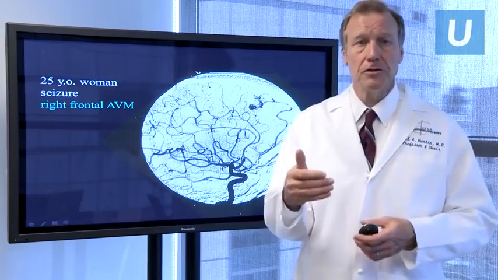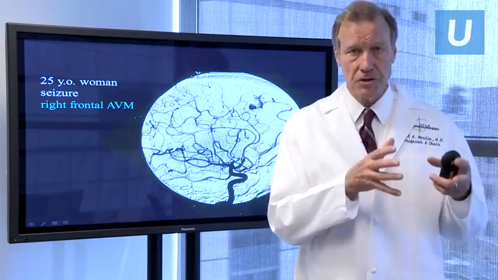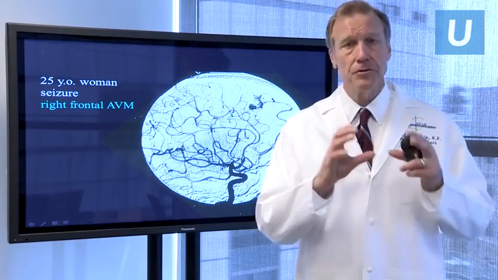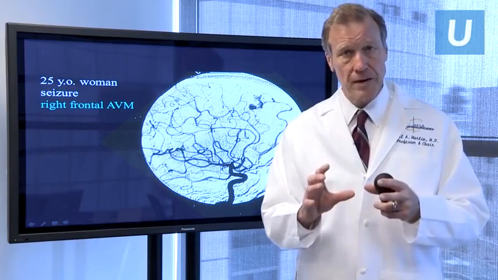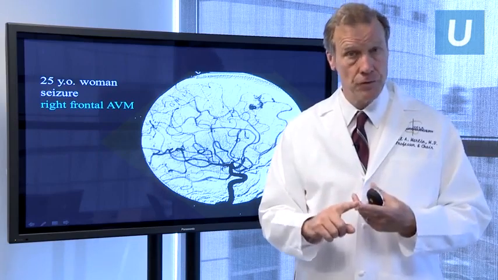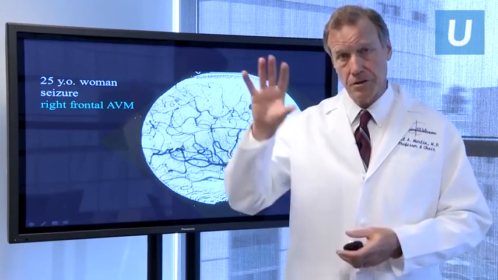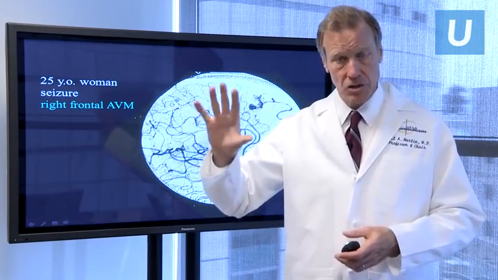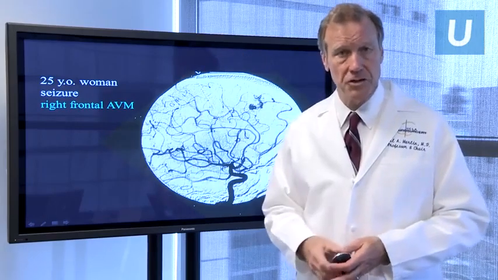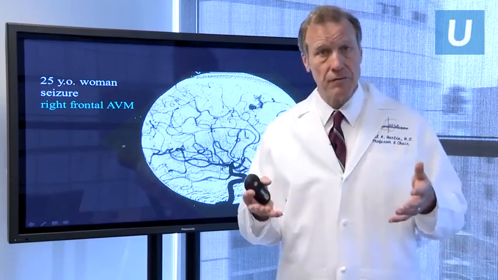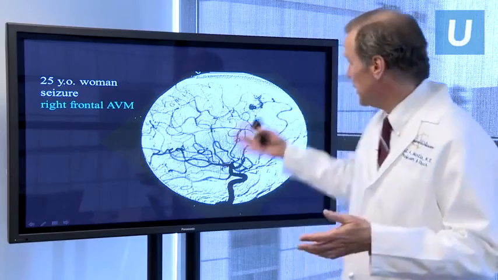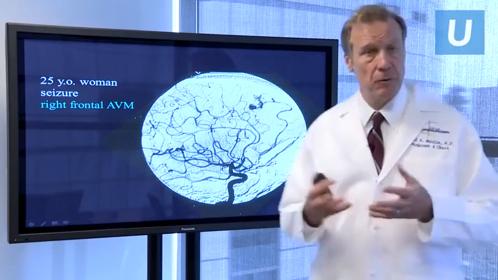And in an adult, we assume after a single seizure that there's the possibility of having some sort of abnormality in the brain, either a tumor or a vascular malformation. And so a diagnostic test, usually an MRI scan today, is done in these patients to identify the source of the seizure. And when an AVM is discovered, then we have to decide what to do with it.